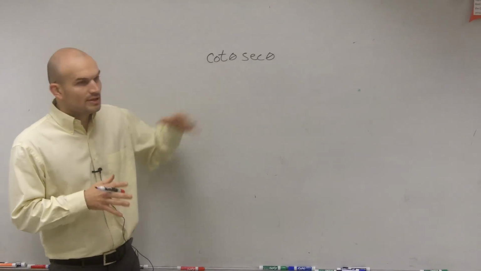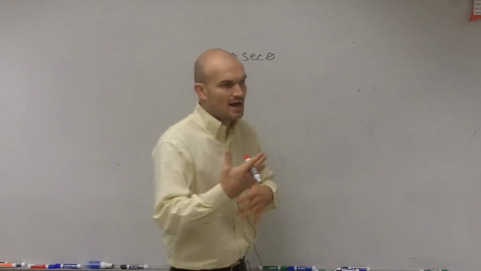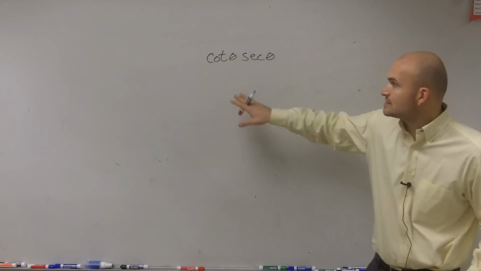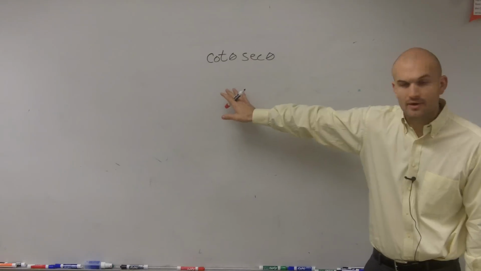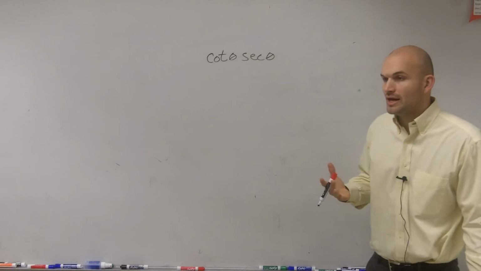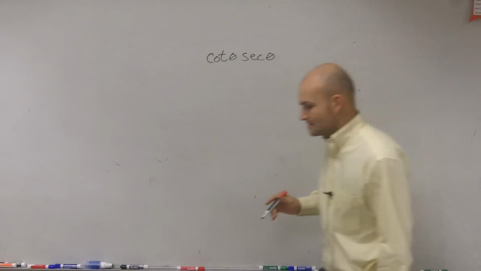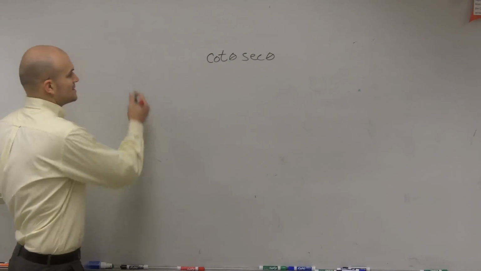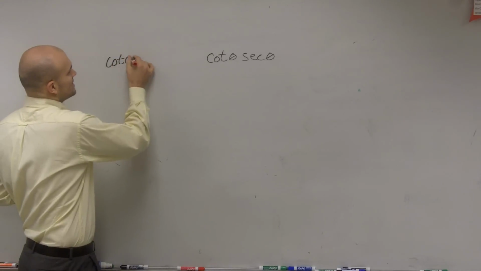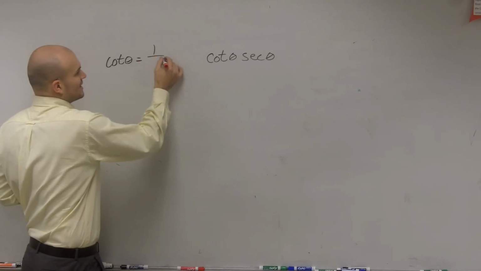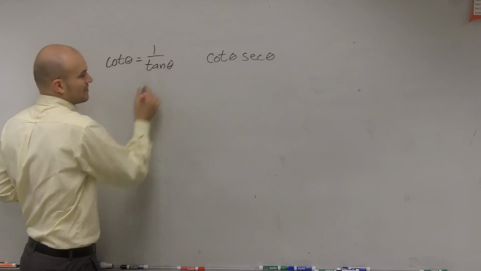All right. So when we were looking on our page 54, we asked, what are the different ways that we can transform these expressions? By using the reciprocal identity, there's a couple things you can do. How can I rewrite cotangent? A lot of you will say cotangent of theta, by using the reciprocal identity, is 1 over tangent of theta.